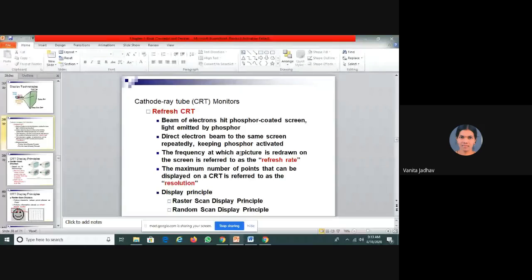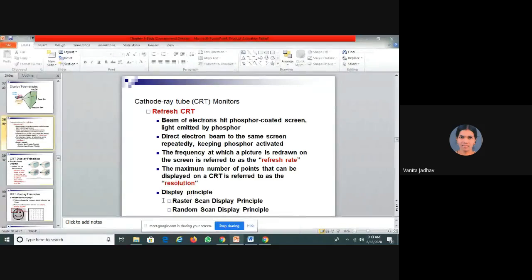The frequency at which a picture is redrawn on the screen is referred to as the refresh rate. That is, 65 times per second the electron beam hits the screen. The maximum number of points that can be displayed on a CRT is referred to as the resolution.